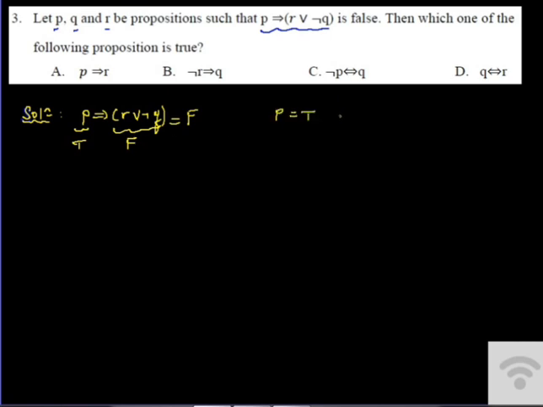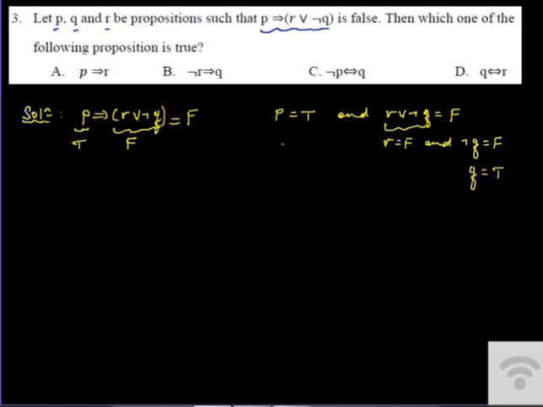And R or negation of Q must be false. So this will be false if both R is false and negation of Q is false. Negation of Q will be false whenever Q is true.